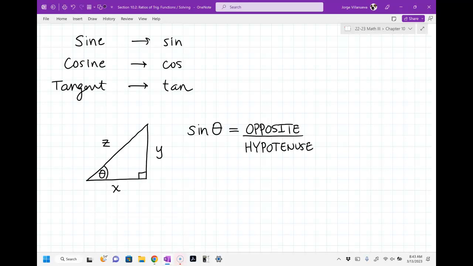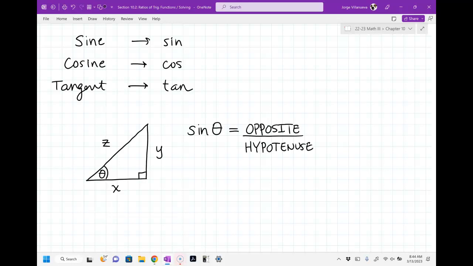What they mean is: what is the opposite side of that angle, and what is the hypotenuse based on that triangle? I don't know if you remember this from geometry, but the hypotenuse is the longest side. The longest side for us would be Z, because that's opposite the 90-degree angle. So Z would be our hypotenuse.